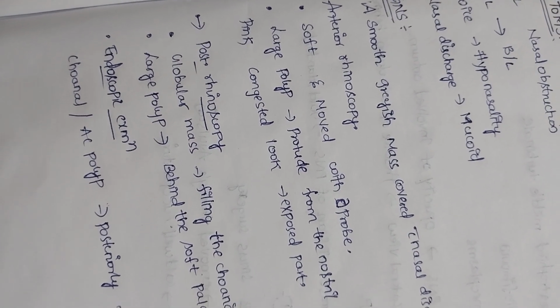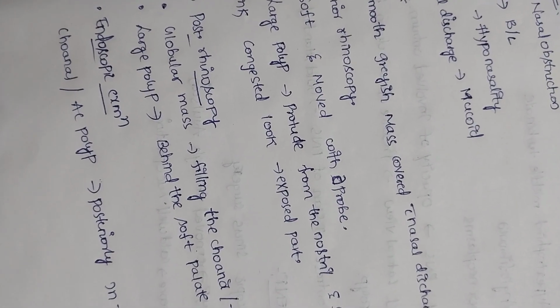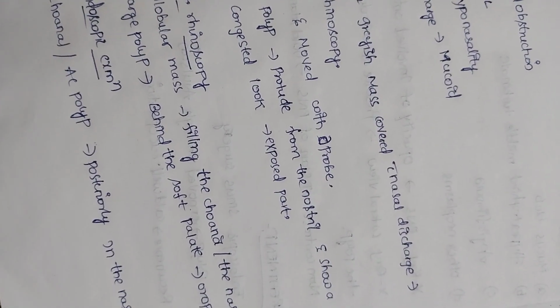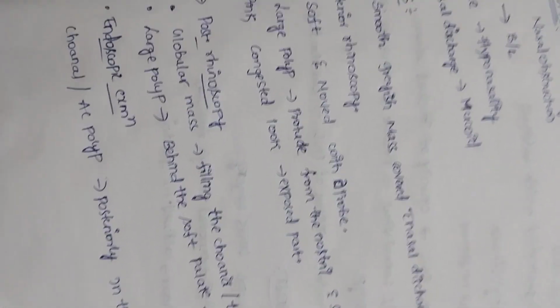Coming to posterior rhinoscopy, we will appreciate the globular mass which is filling the choana or the nasopharynx. A large polyp behind the soft palate may enter into the oropharynx.